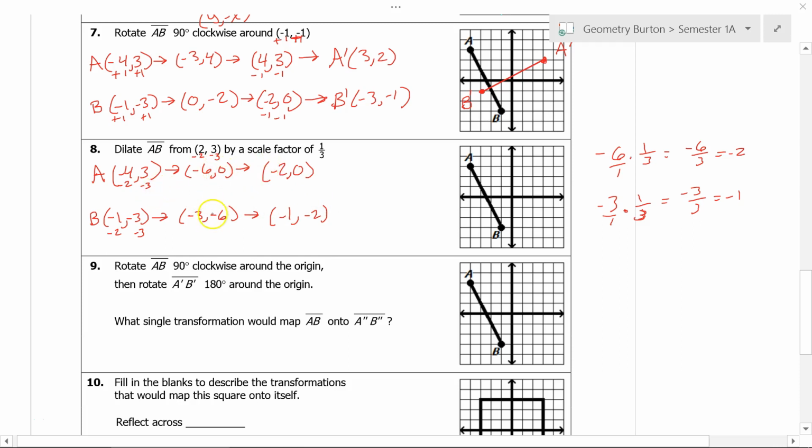Alright, so I moved to the origin. Now I use the rule. In this case, just multiply everything by 1/3. Now it's time to move back. I moved to the origin, now I'm moving back. So I need to undo what I did at the very first step. So at the very first step I did -2, -3. So now I'm going to do +2, +3.